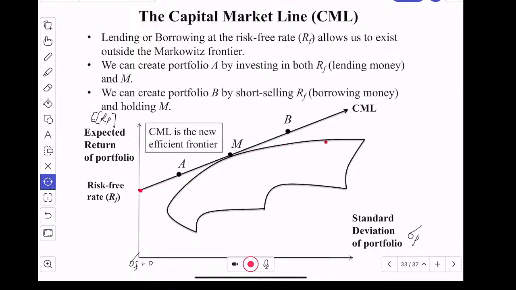So we don't know which one to pick. By dropping this tangent line, which expands the possibilities, it's a linear combination between this market portfolio and T-bills purchased here, and here short sold. So M is the only option to be chosen among the alternatives here.